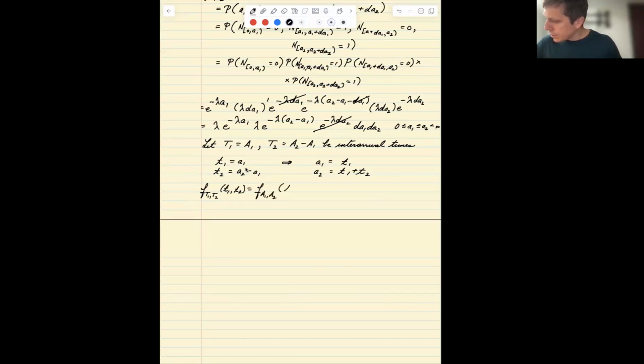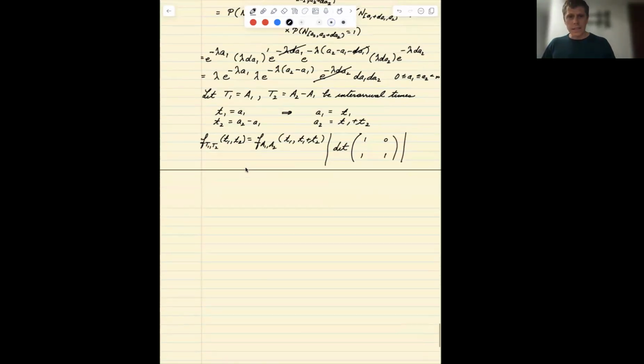We have the determinant of dA1/dt1, dA1/dt2, dA2/dt1, dA2/dt2. That's an easy determinant to take. It's just one.